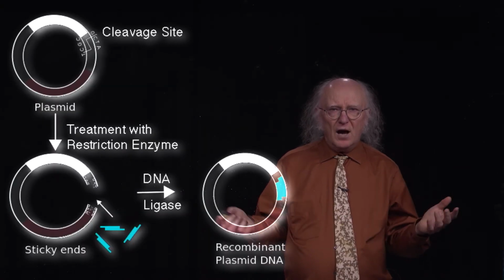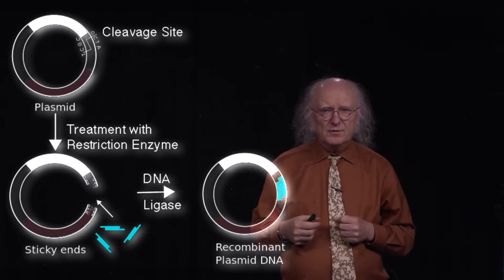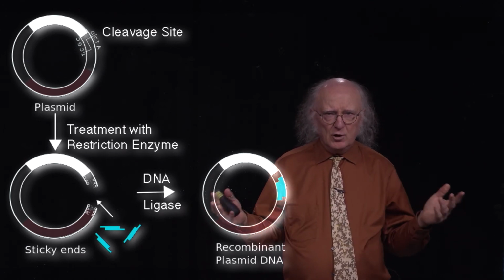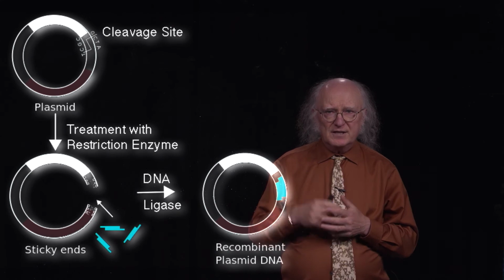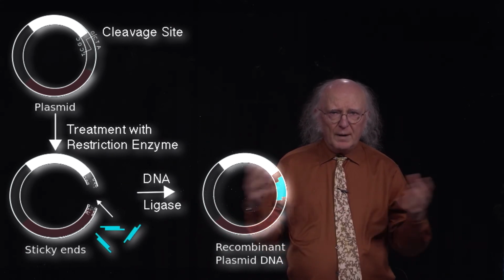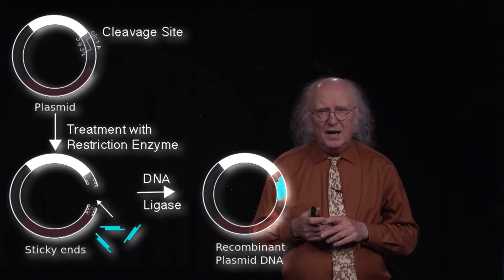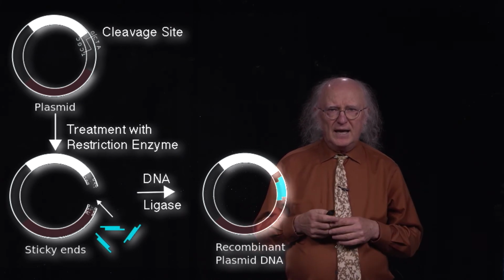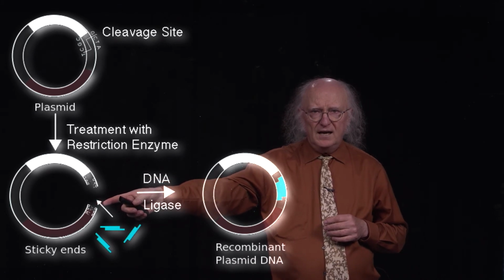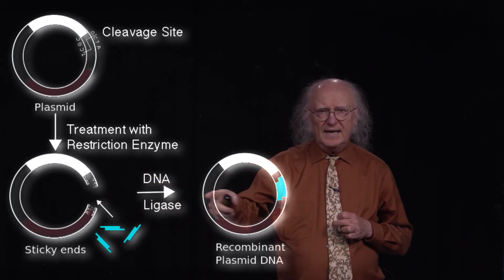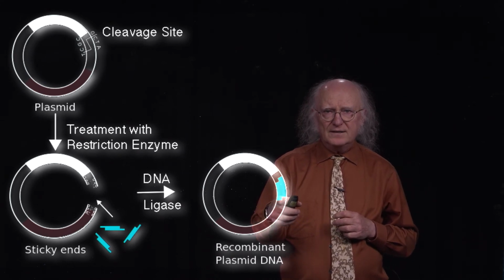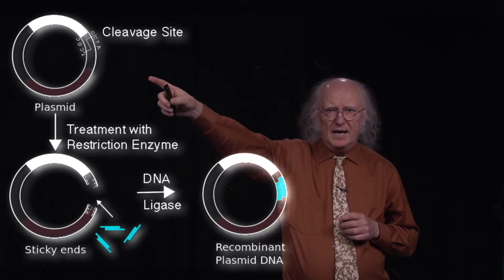So the recombinant DNA is made by, first of all, taking a DNA known as a plasmid. A plasmid is simply a circular DNA that's found in a bacterial cell that'll replicate in a bacterial cell. I can cut that plasmid at a specific point, as you see has happened over here. And if I don't do anything else, I just simply ligate it back together using an enzyme called DNA ligase, I'll just recreate the original plasmid that I had.